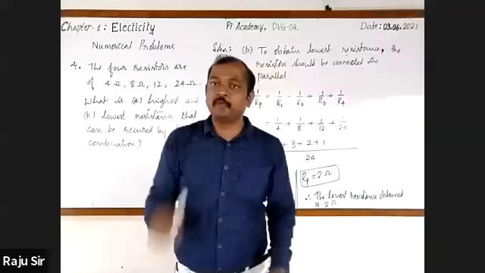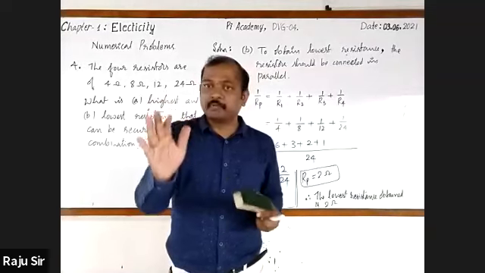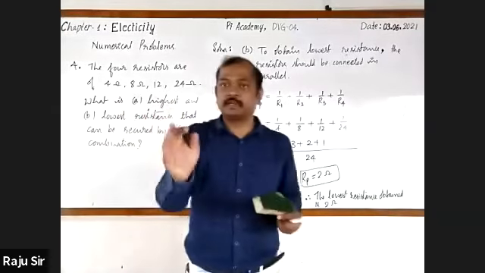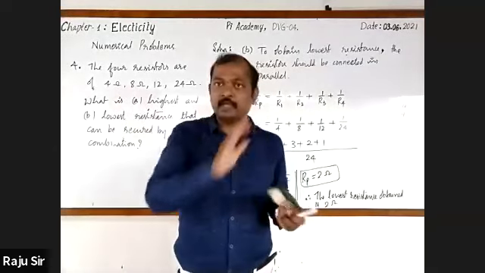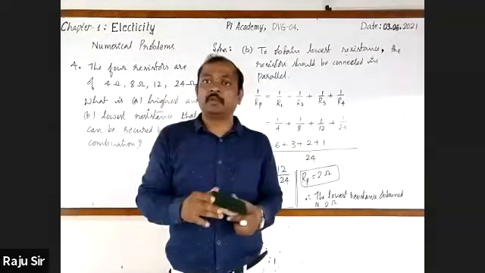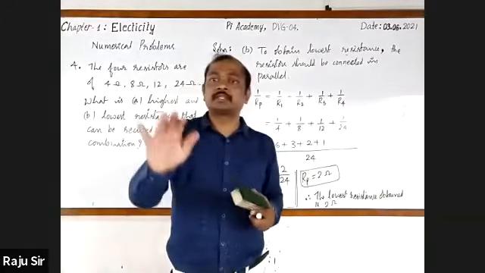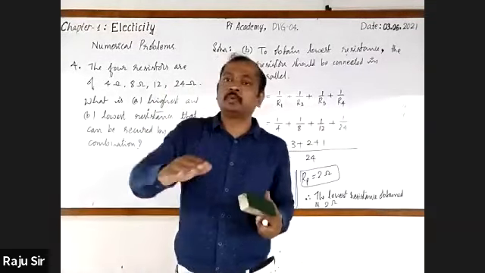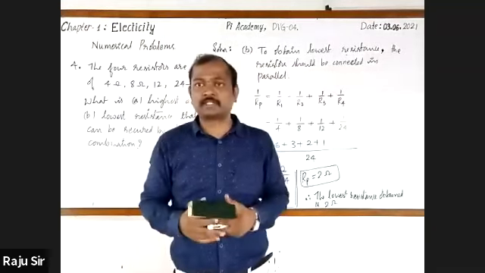Now we are moving to another important point. First we focused on finding the effective resistance when the resistors are connected in series. Next, parallel. Then we came across mixed. After that, we decided how the resistors should be connected to get the lowest and the highest electric resistance.